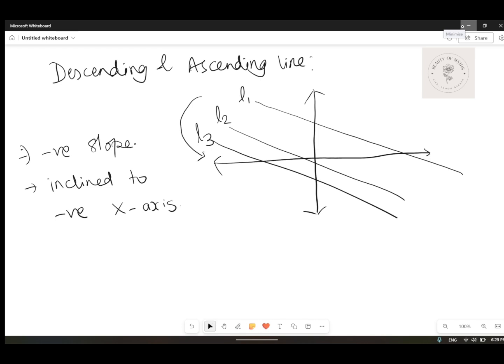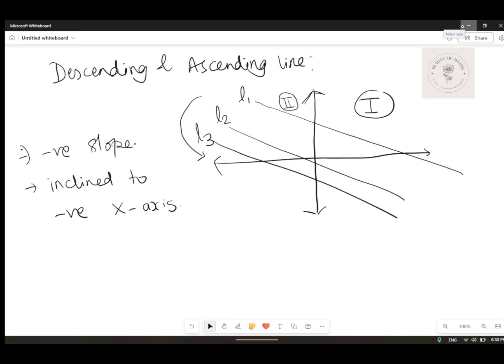That's why, as soon as the line crosses into the second quadrant, the line is inclined to the negative x-axis, and every line that is inclined to the negative x-axis is a descending line, and this line always has a negative slope.